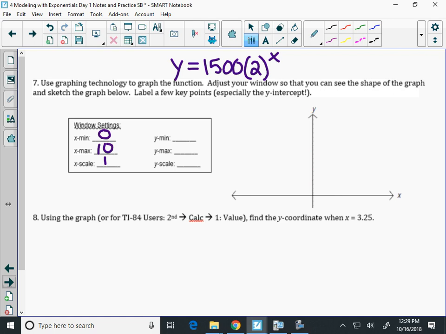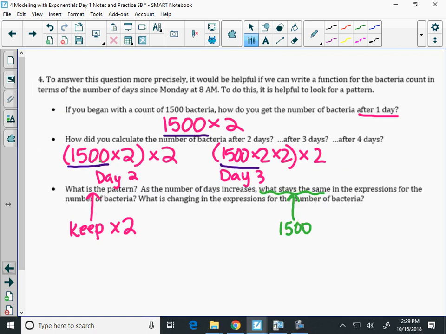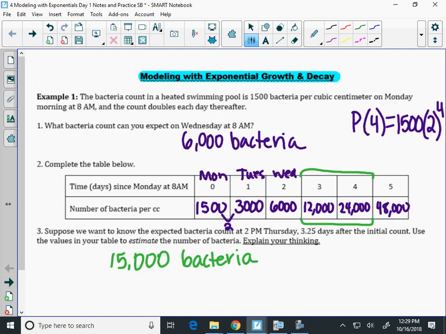Now, my y minimum. Again, I really only want this first quadrant in here. So maybe we do 0. Now, where's our starting value? When we look back at the table, where did we start with the bacteria? 1500. So we definitely need to go higher than 1500.